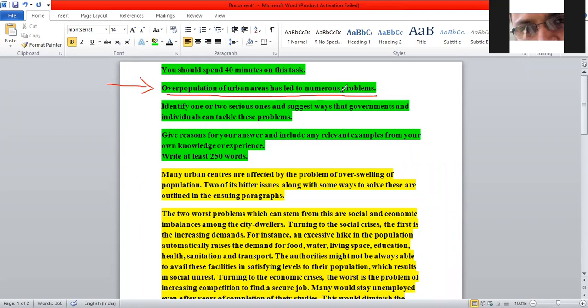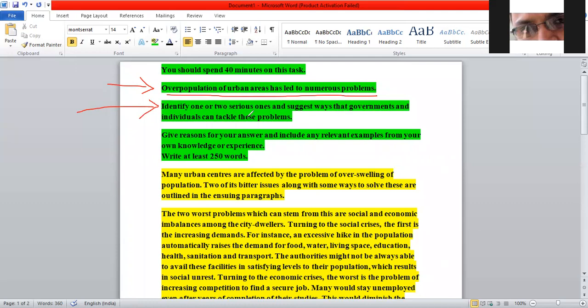Overpopulation of urban areas has led to numerous problems. Now, let us go ahead with the question part. Identify one or two serious ones and suggest ways that governments and individuals can tackle these problems. You can identify one or two serious problems.